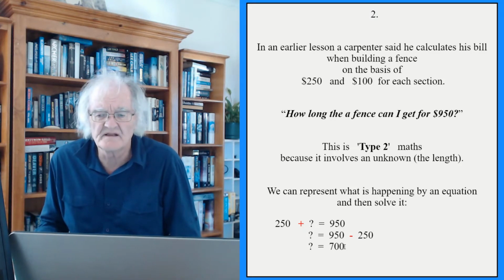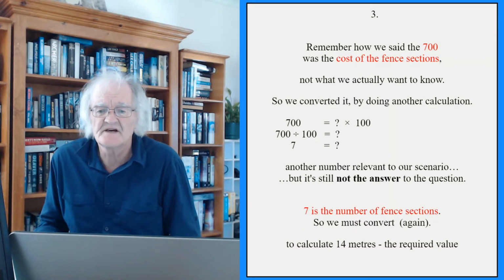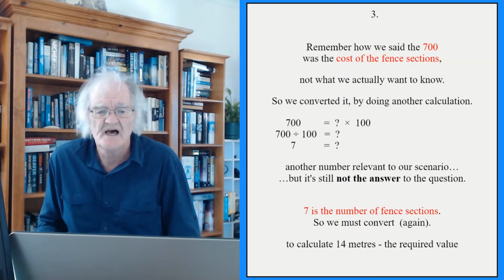What is the relevance of that $700? It is the money devoted to the length of the fence. So the 700 was the cost of the fence sections and not actually what we want to know.